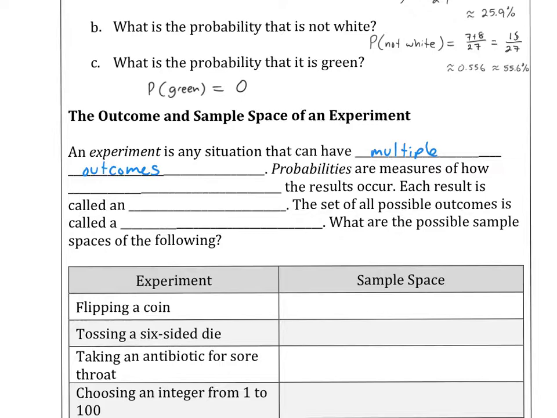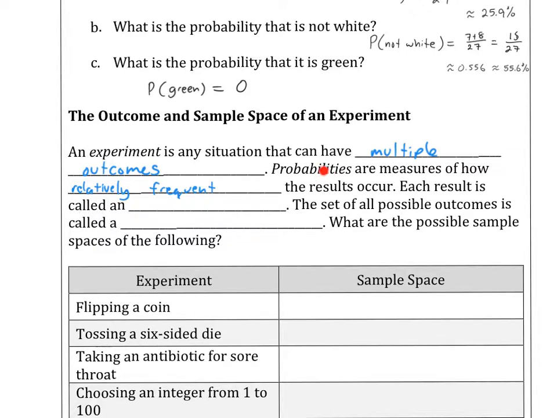Flipping a coin, rolling a die, spinning a spinner, randomly selecting a person, something like that. Probabilities are measures of how relatively frequent the results occur.